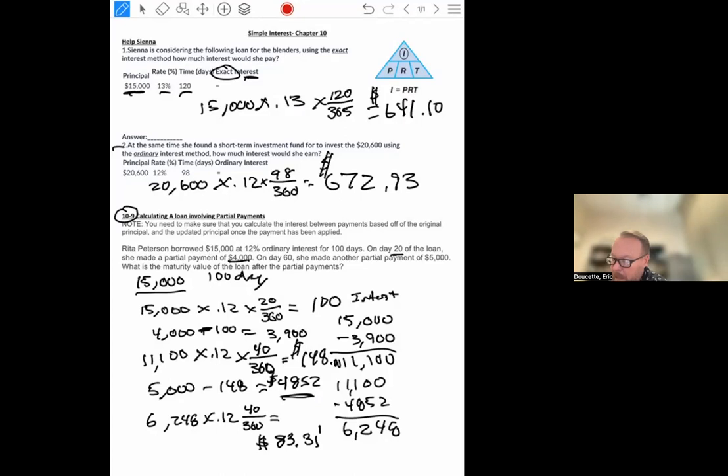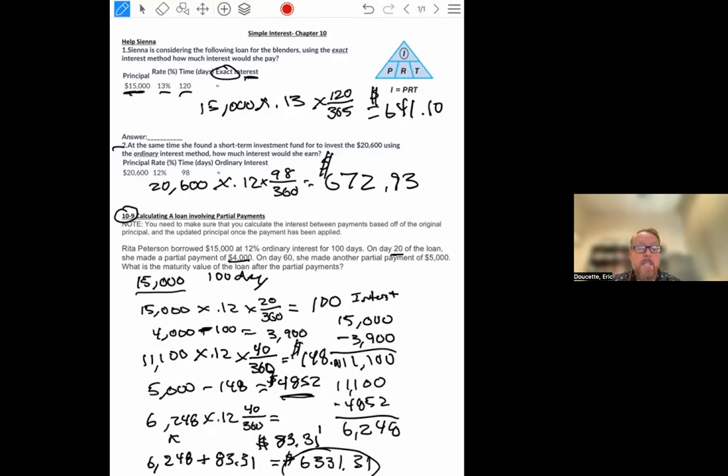Because I have to add the additional $83.31 to my balance, that means I now owe at the end of this loan $6,331.31. So that is my maturity value of the loan after the partial payments on day 100.